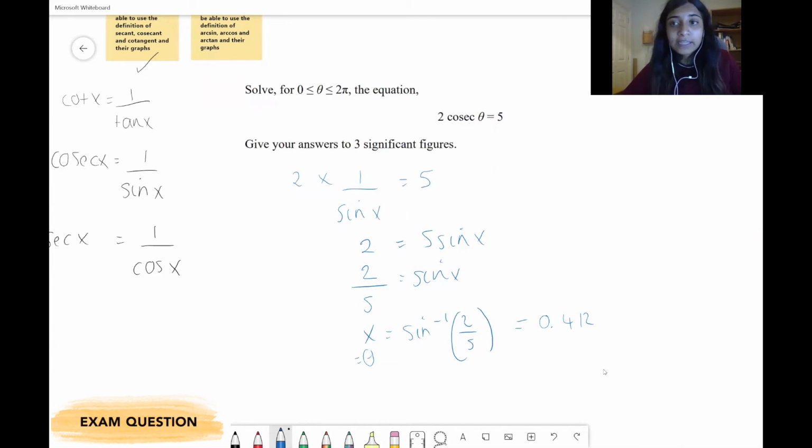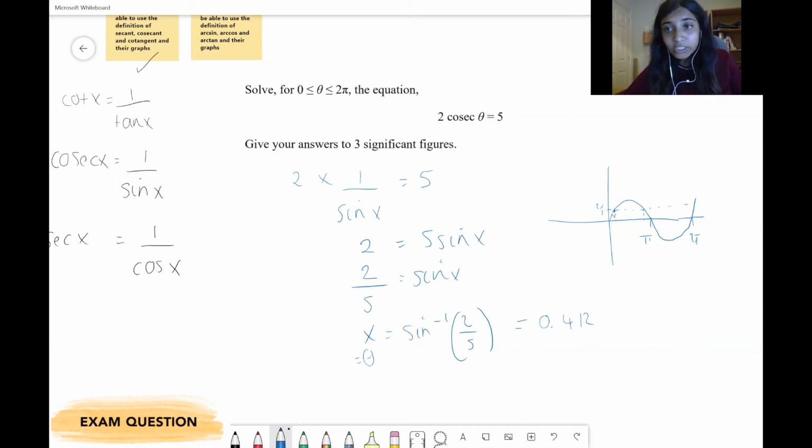And then if we draw out the graph for what sine theta looks like, if you remember, it would be something like this, with this being pi and this being 2 pi. So then if we have the inverse of sine 2 over 5 equal to 0.412, for the value of 2 over 5, we have the values here and here, and we want to work out between 0 and 2 pi.